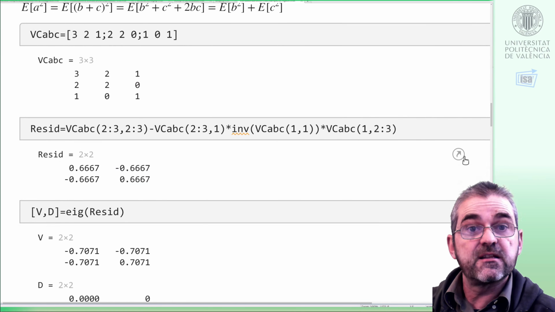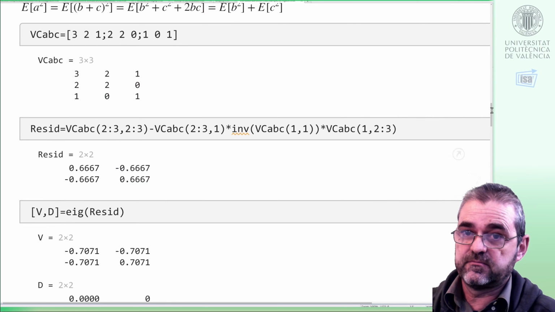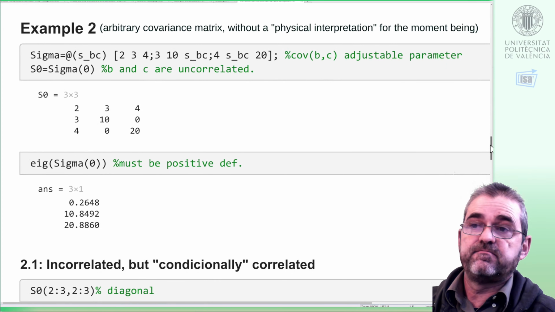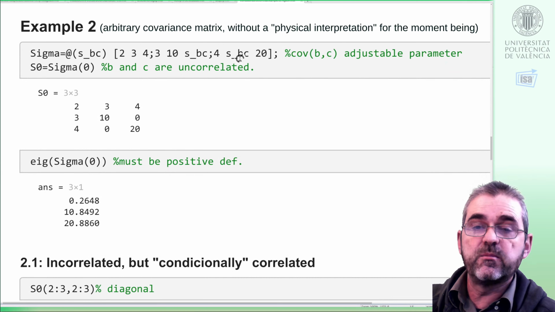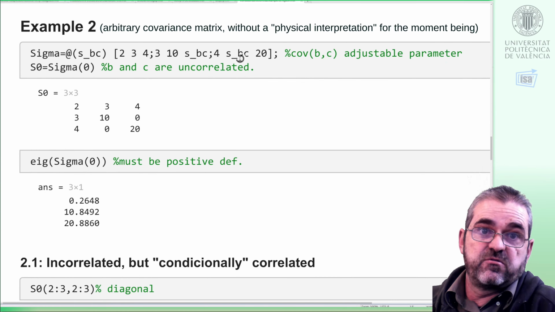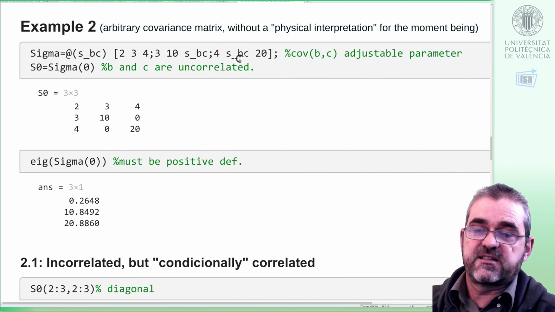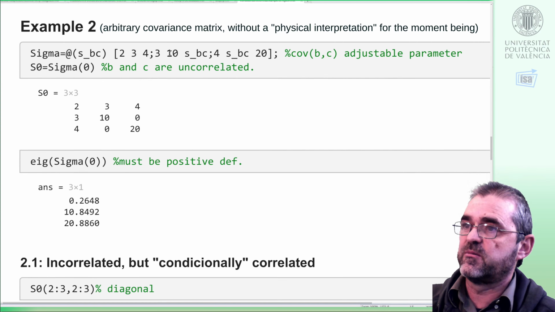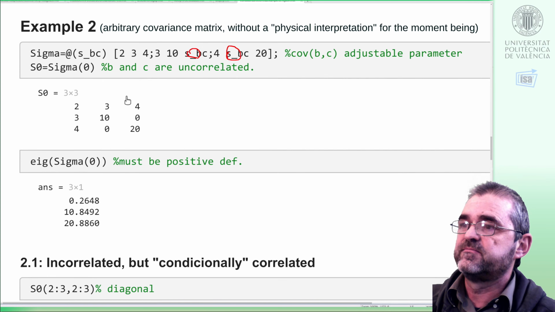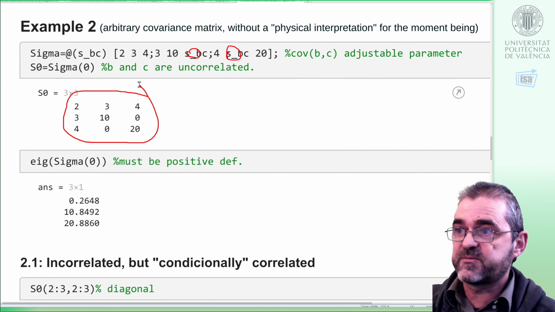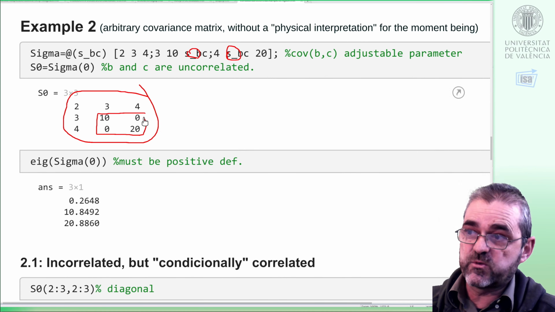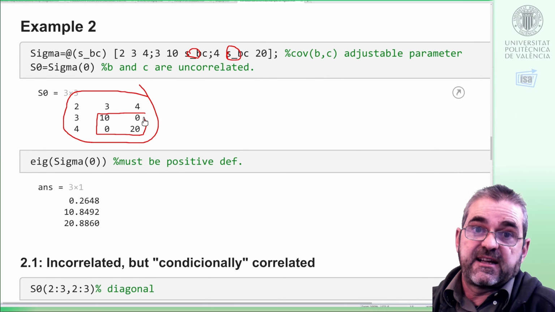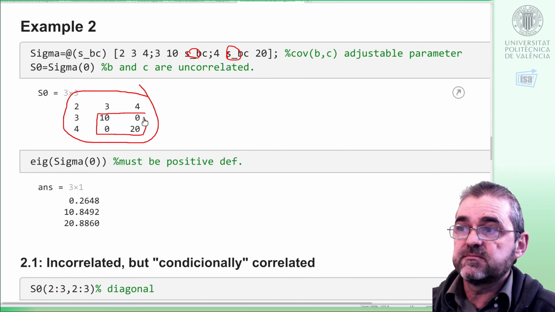Good. Let us now discuss a second example. In this example, I will have a 3 by 3 covariance matrix, but one of the numbers I will leave as an adjustable parameter to test different options. So if I put this number to 0, then I get this covariance matrix. So I am in a similar case to the previous one. I have two variables that are not correlated, at least marginally, if I know nothing else.